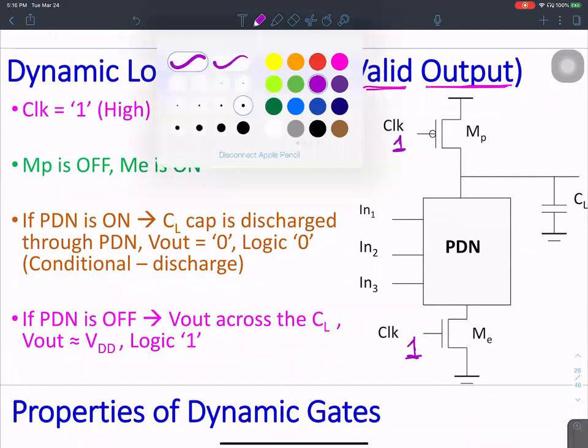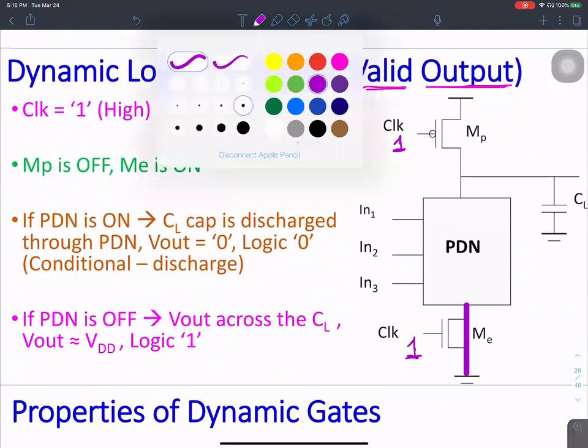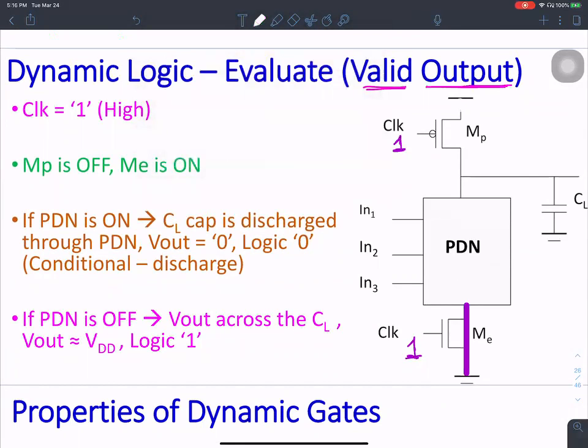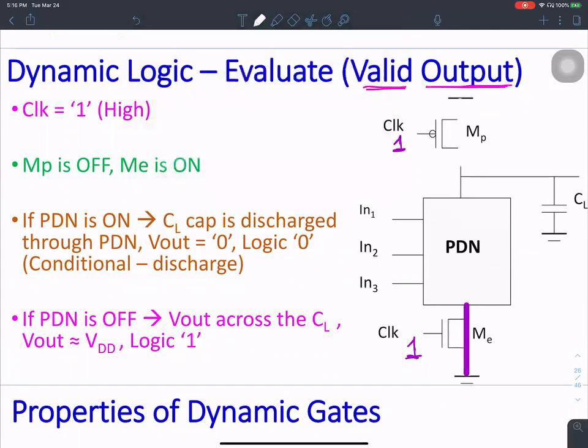Because the value on the gate is 1, that NMOS connects to ground. And guess what happens to the PMOS on the top? That is going to be off. So there is no connection to the power supply.